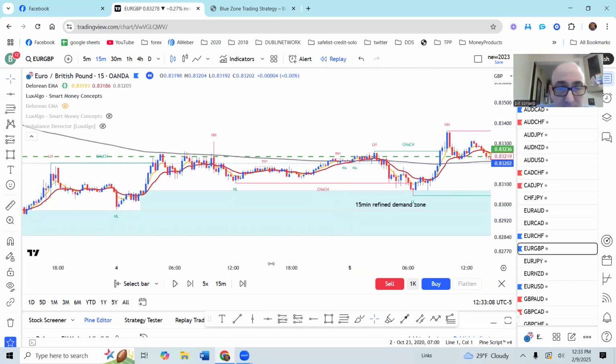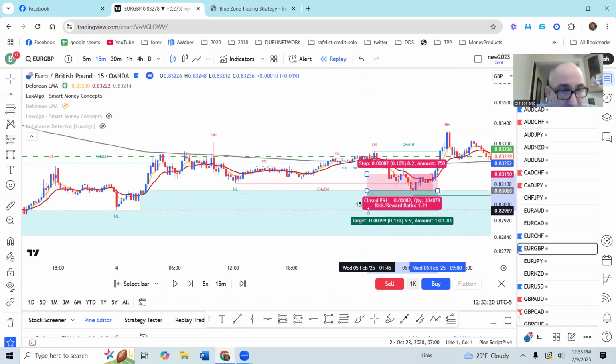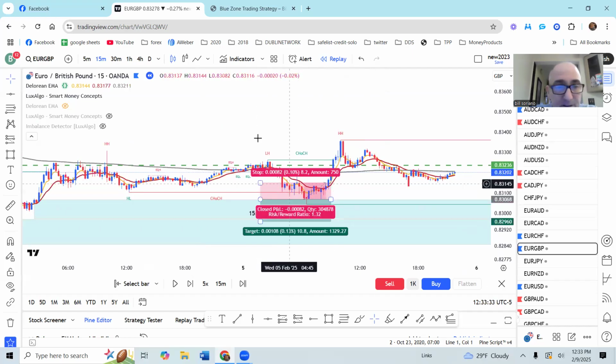And because I have a refined demand zone now, I could set a trade here. And my stop loss would just go down right below this low. I don't have to go all the way down to here. That's my 4-hour zone. Here, my stop loss goes right below this low. So you can see right here, we get tapped into this trade.